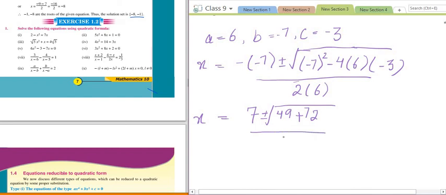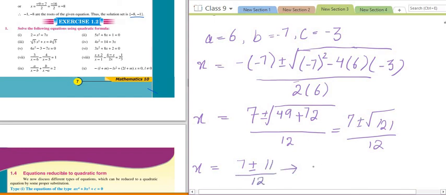Denominator is 2 times 6, 12. We can write it as 7 plus minus square root of 49 plus 72, which is 121. x equals 7 plus minus square root of 121 is 11. So this is 7 plus 11 by 12 and 7 minus 11 by 12.